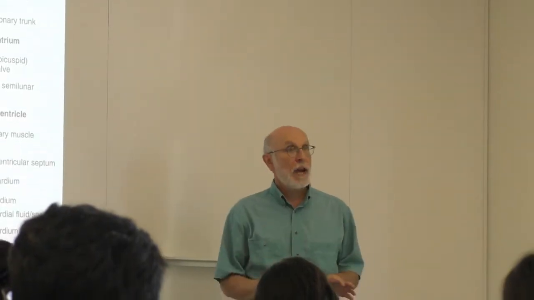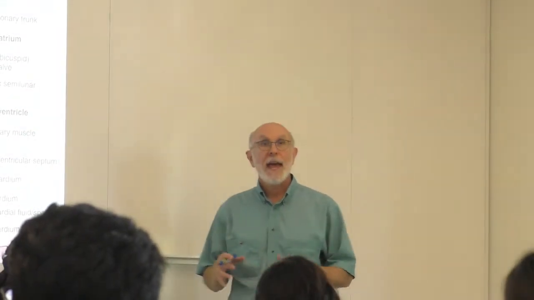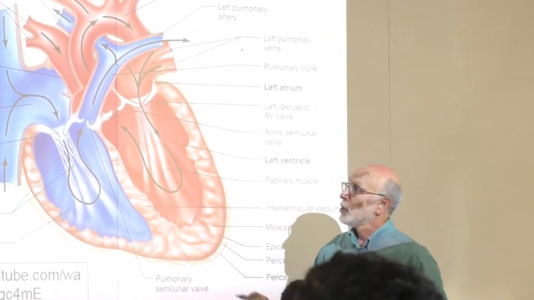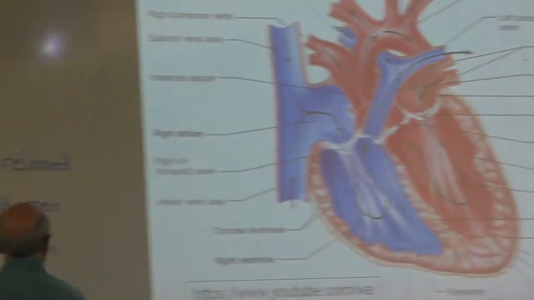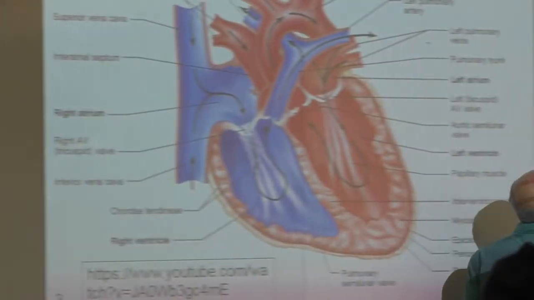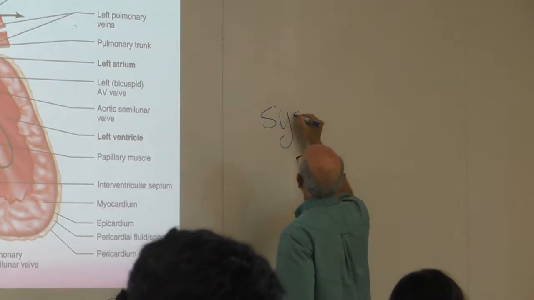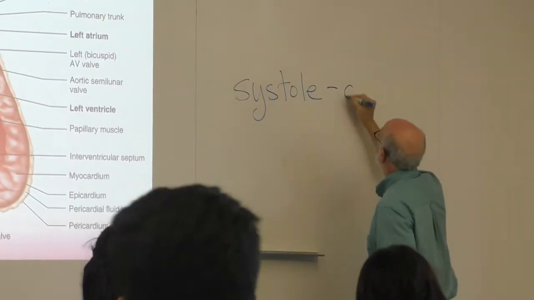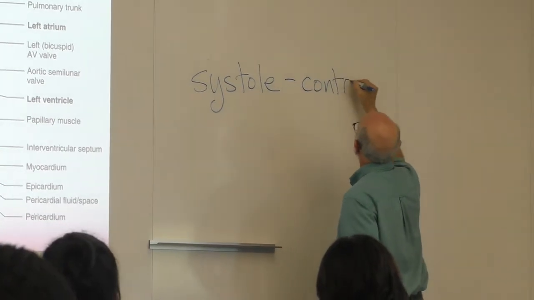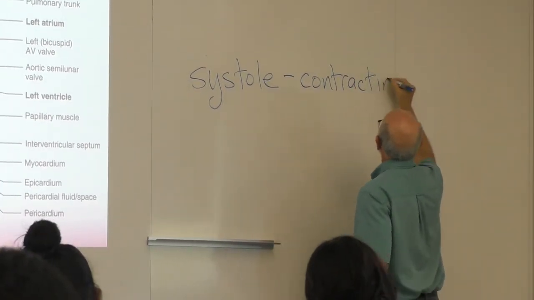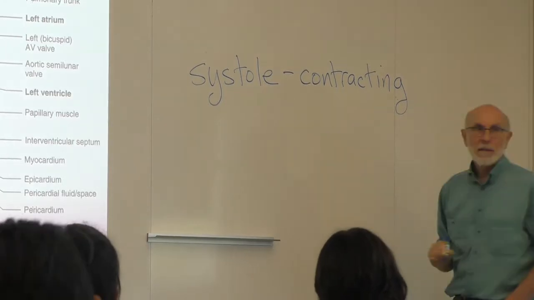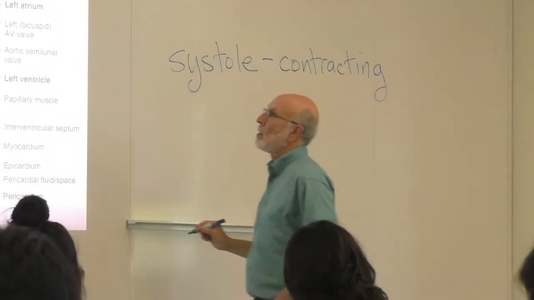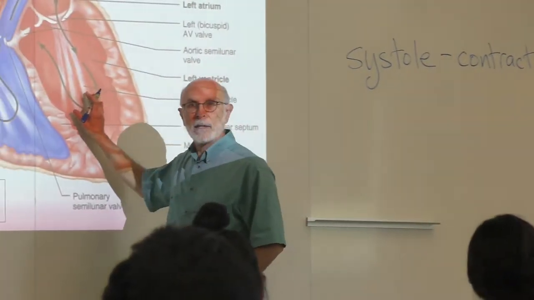But let's just say, okay, the heart triggers to beat, and the ventricles contract. So now we are talking about systole. Systole is the contracted, or really contracting, state of the heart. The ventricles contract.